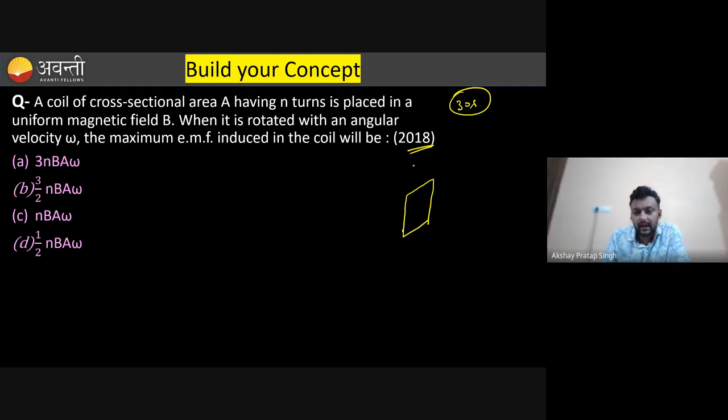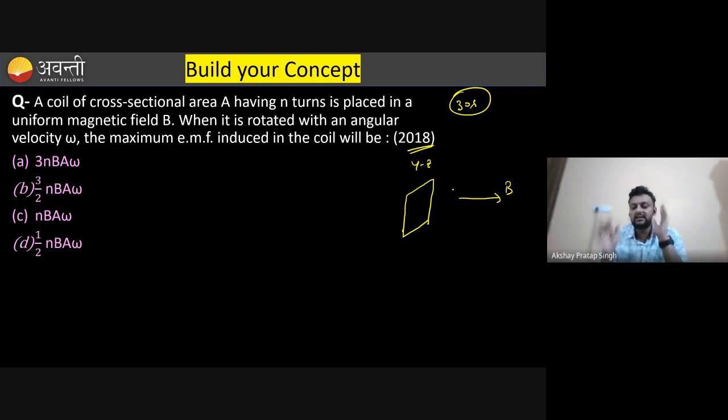I am assuming that this coil is placed in the YZ plane, and the magnetic field is along the x-axis. Clear? Now, you can tell me one thing: what is the angle between the area vector and the magnetic field?